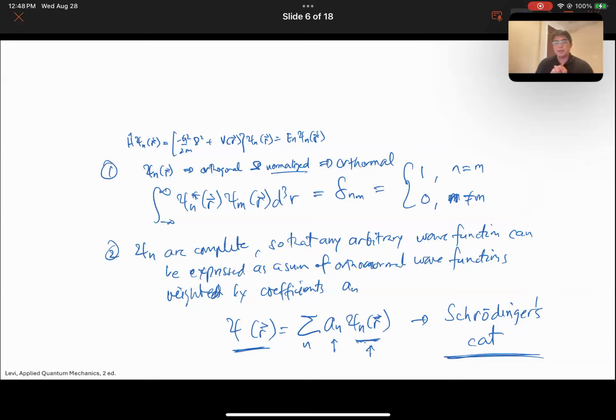Then, once you make a measurement, meaning you open the box, you push the state towards one specific situation. When you look, you see that the cat is alive.